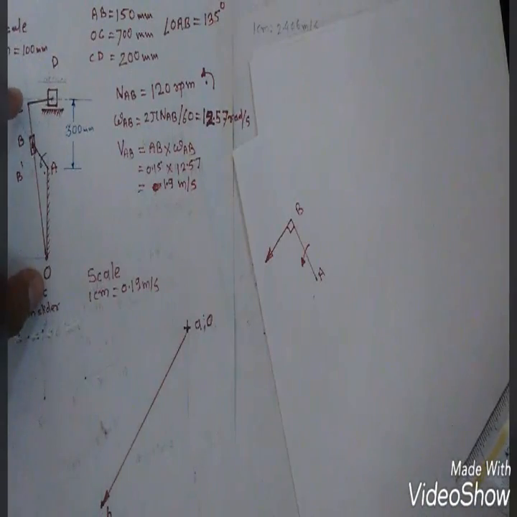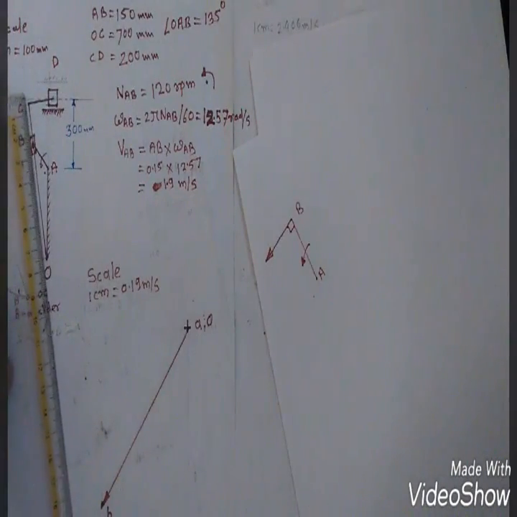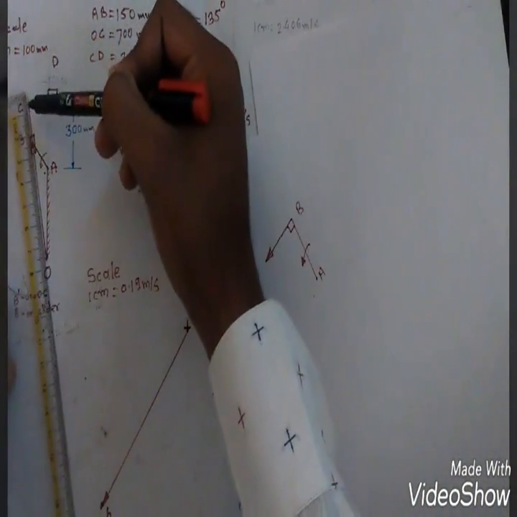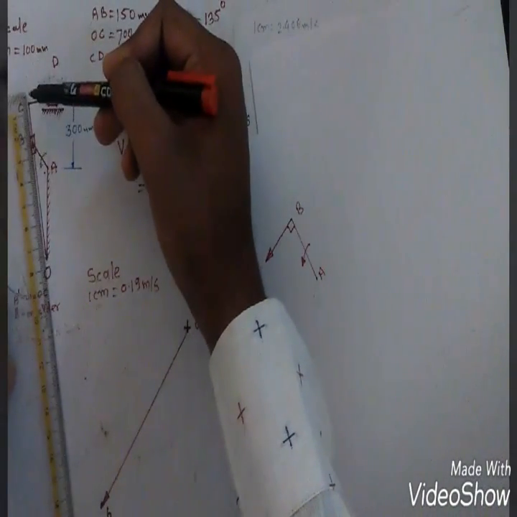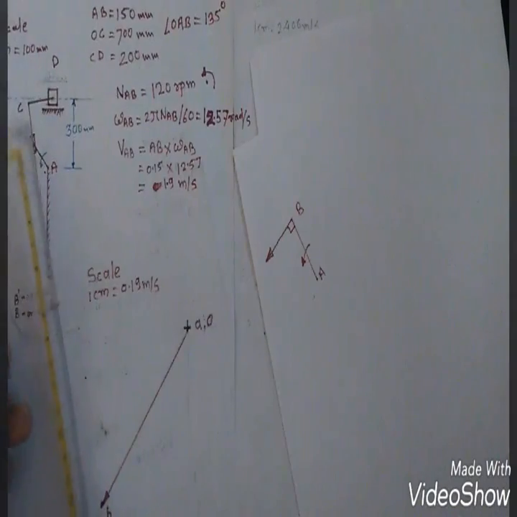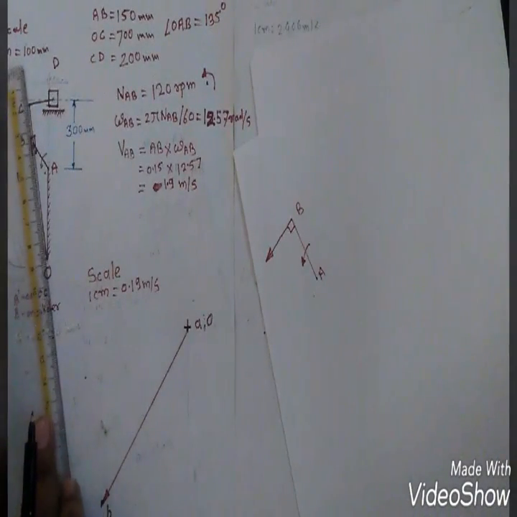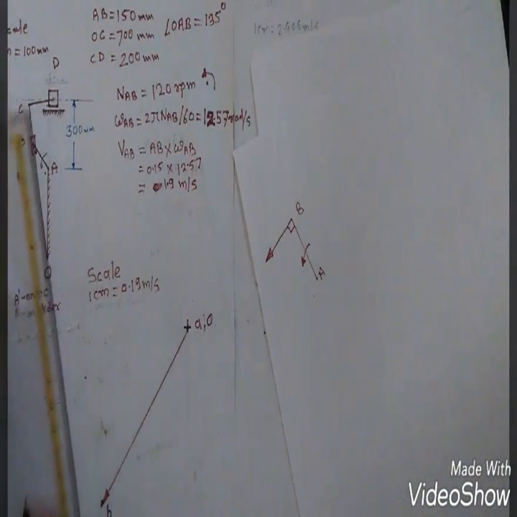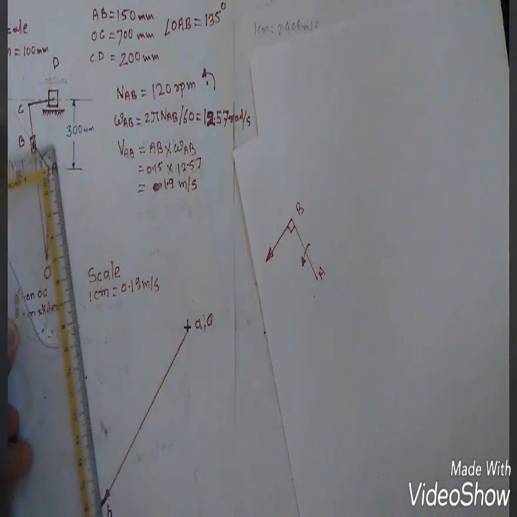Therefore, its velocity vector will be parallel to its sliding path, and its sliding path is this link OC, so we have to draw a vector parallel to this link and passing through point B.